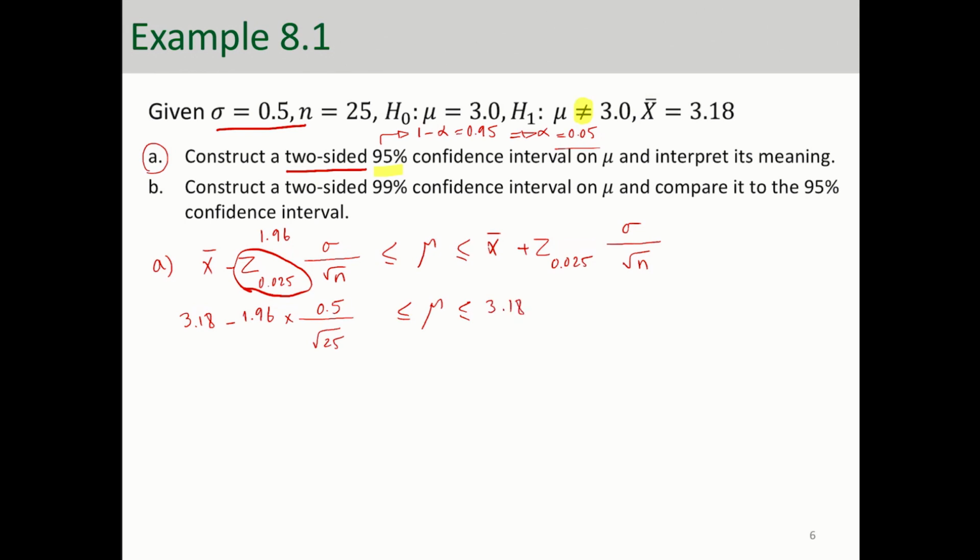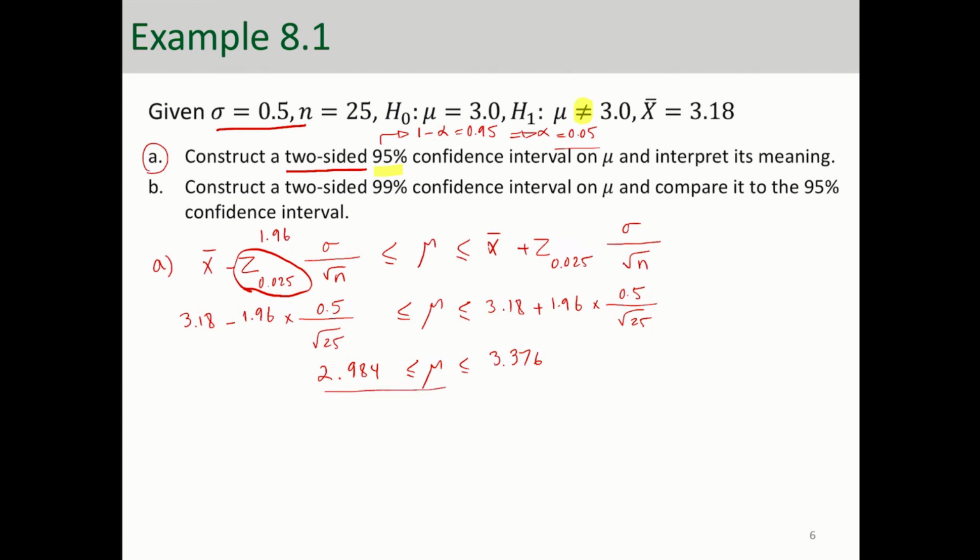And we're going to have the same for the right-hand side, or the upper limit. When you do the math here, you will see that the 95% confidence interval is between 2.984 and 3.376.